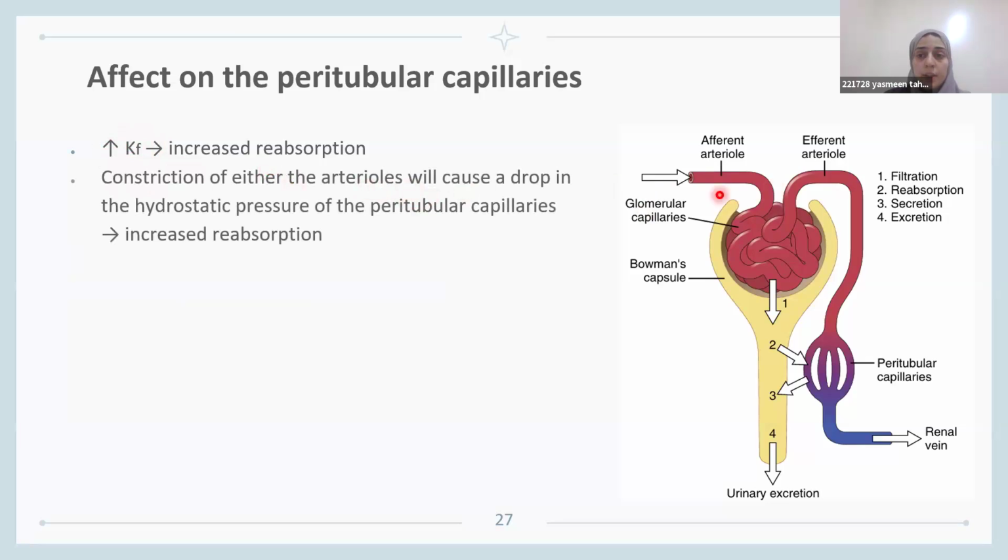And like I mentioned earlier, constriction of either the afferent or the efferent arteriole will cause a drop in the hydrostatic pressure in the peritubular capillaries, and we will have increased reabsorption. Again, whether the constriction is here or here, this will have the same effect because the peritubular capillaries are just branches of the efferent arteriole.